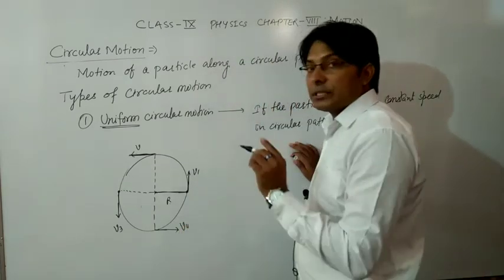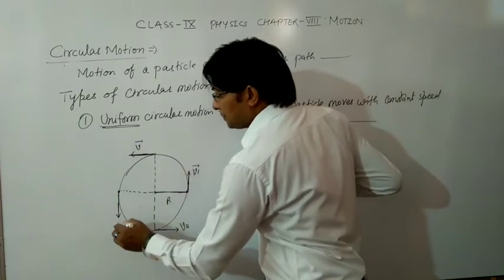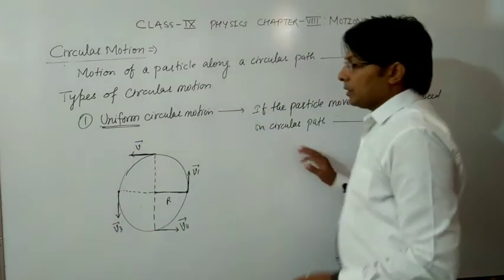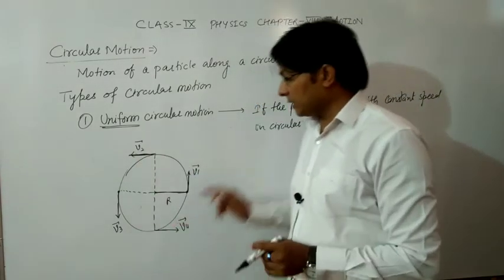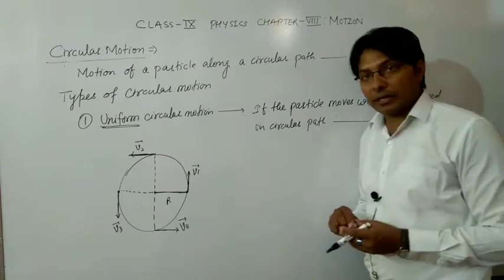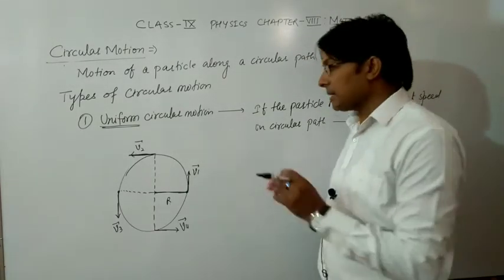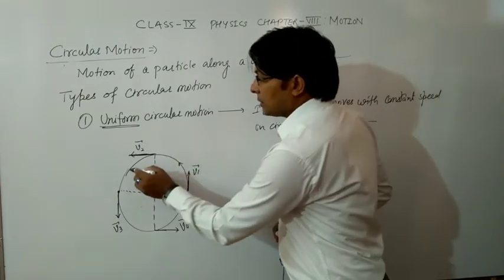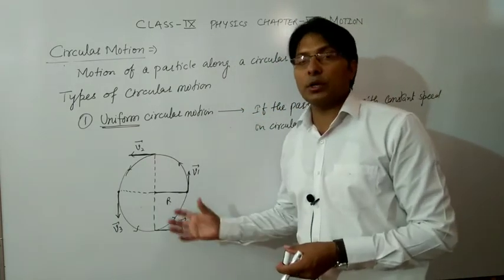And since the velocity is a vector quantity, we represent the vector by putting an arrow above the symbol. So this is v1 vector, this is v2 vector, this is v3 vector, and this is v4 vector. Although the magnitude of all these velocities is the same, that is, the speed is the same, the direction keeps on changing, therefore the velocity keeps on changing.